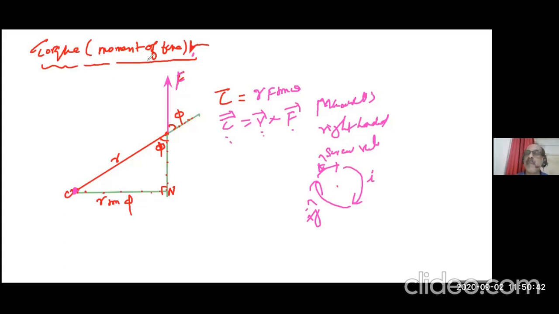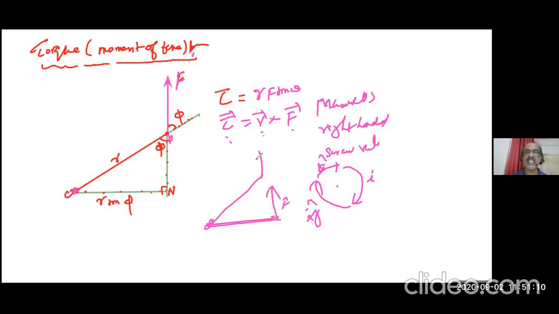Now this is moment of force, meaning rotational effect of force. For example, a nut, if you want to unscrew, you have to take a long spanner. So force and perpendicular distance, these two factors decide this rotation. This can easily rotate if the point P comes to this N. In this position, if you exert force, you get maximum rotational effect.